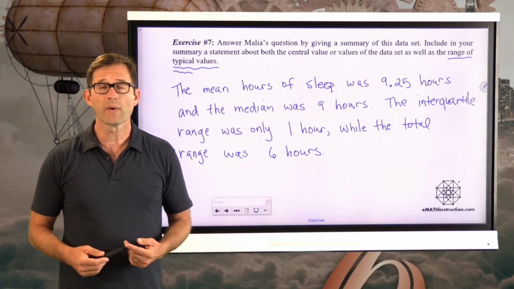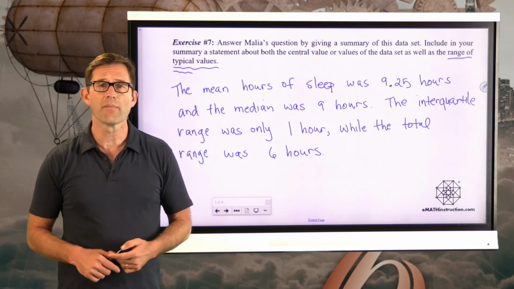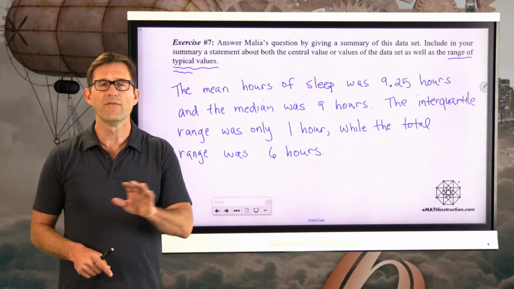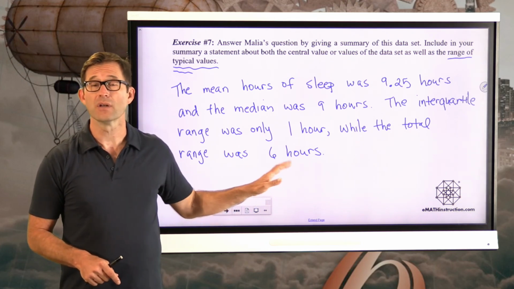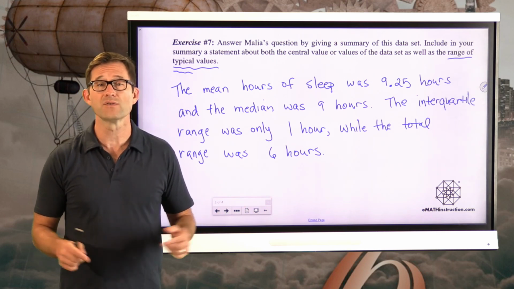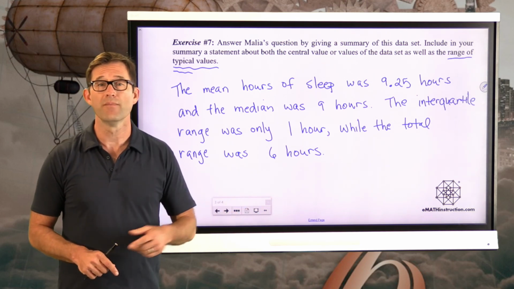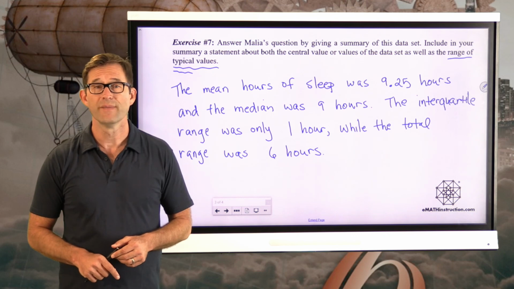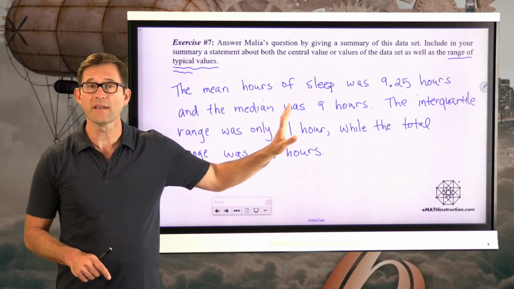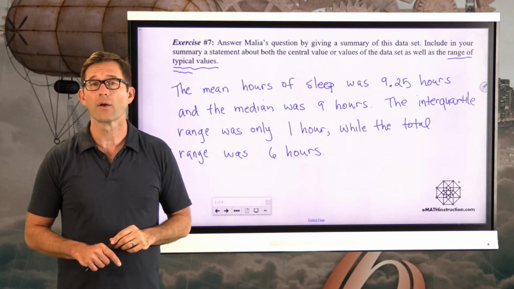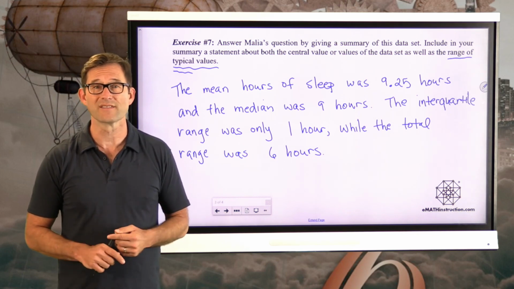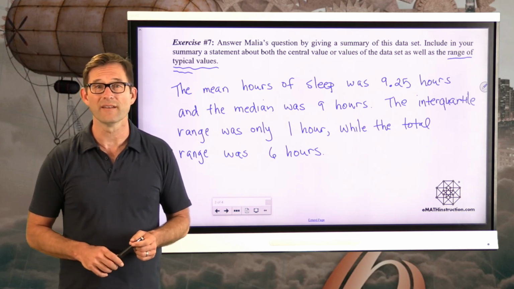Well, on average around 9.25 hours, with about 1 hour of variation amongst the middle 50% and a total variation of 6 hours, or a total range of 6 hours between the minimum and the maximum, right? That really gives us a good sense then for how much students are sleeping per night on a weekend night, at least in Malia's class, and at least on this one night.